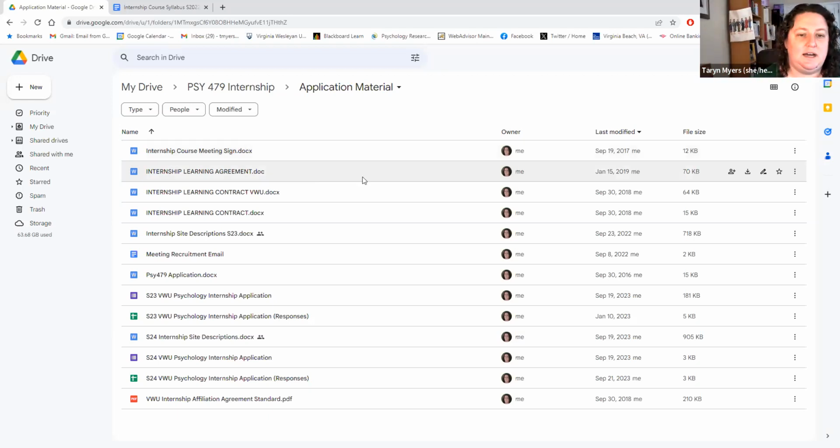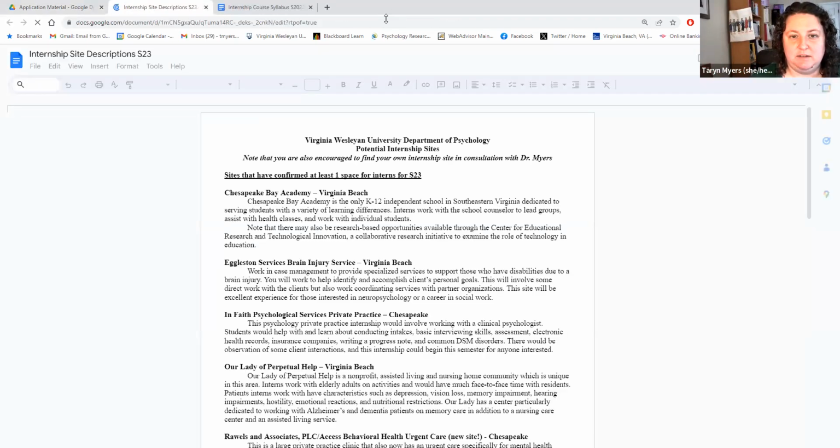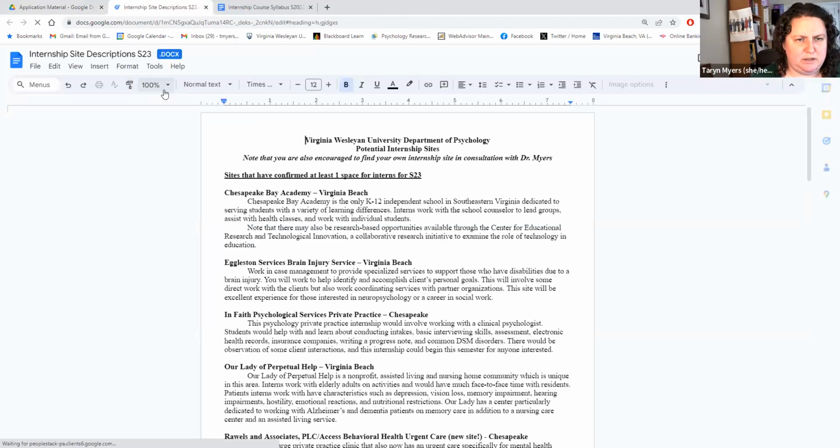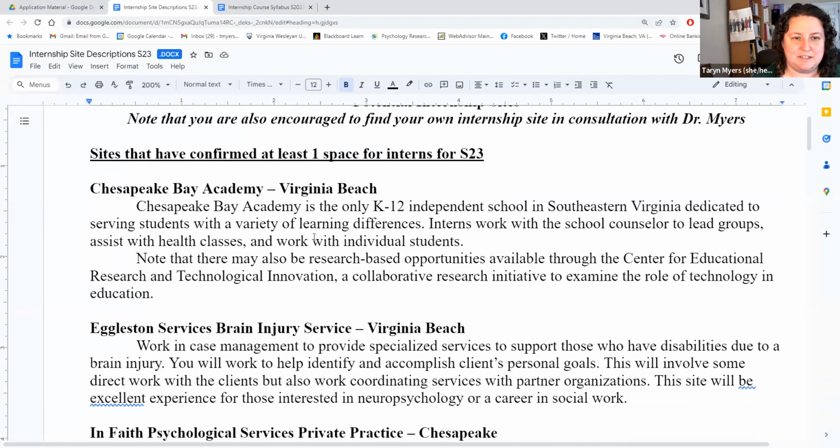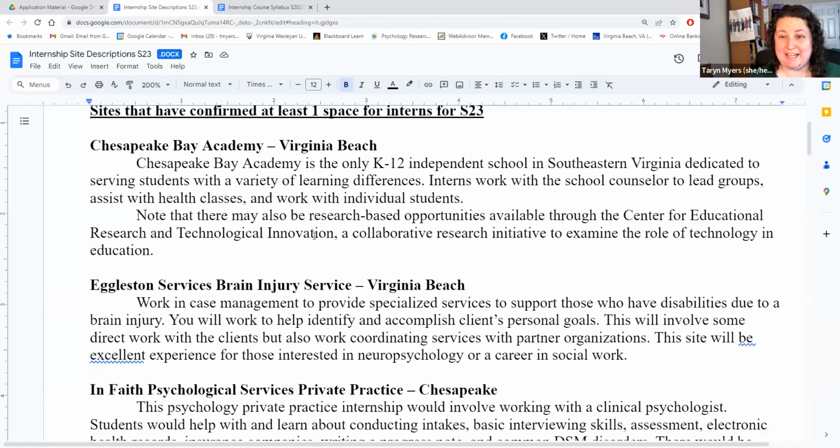So I shared this when I send out my email, and I'm gonna make it just a little bigger for any eyes that are tired like mine. So these are sites that for sure have folks. So Chesapeake Bay Academy is right behind our softball field. You can walk there.